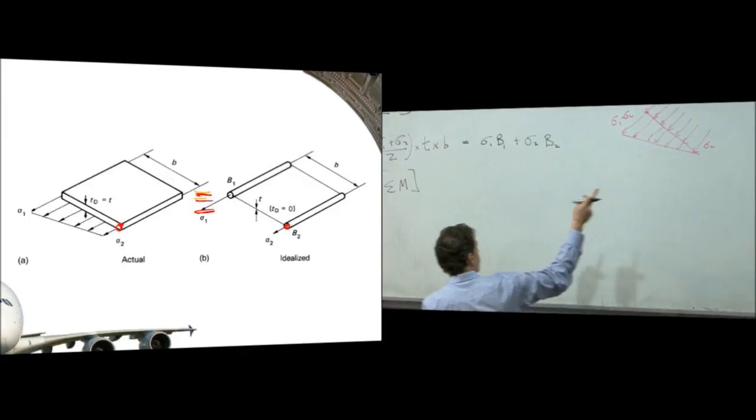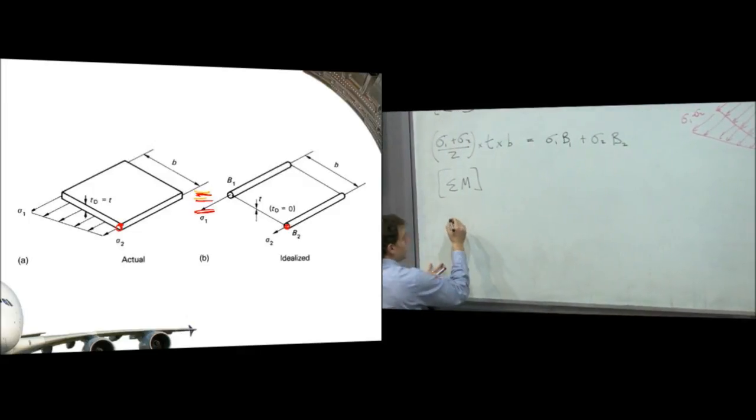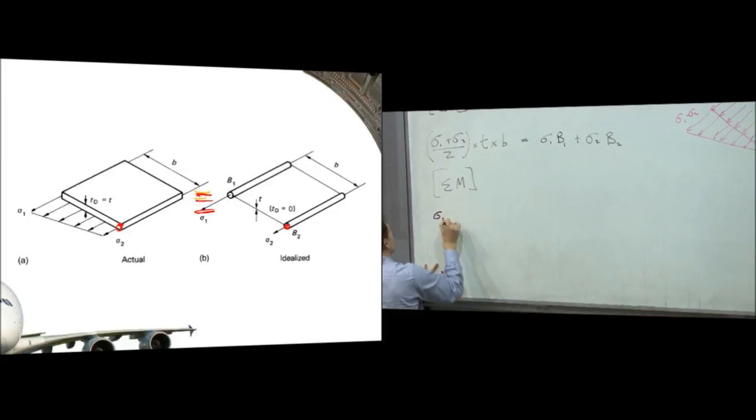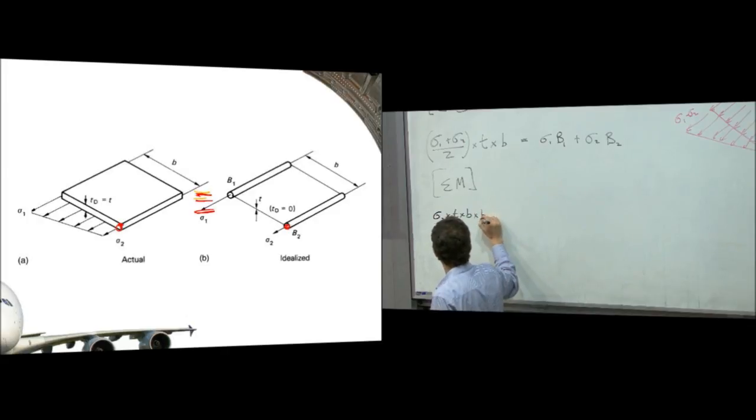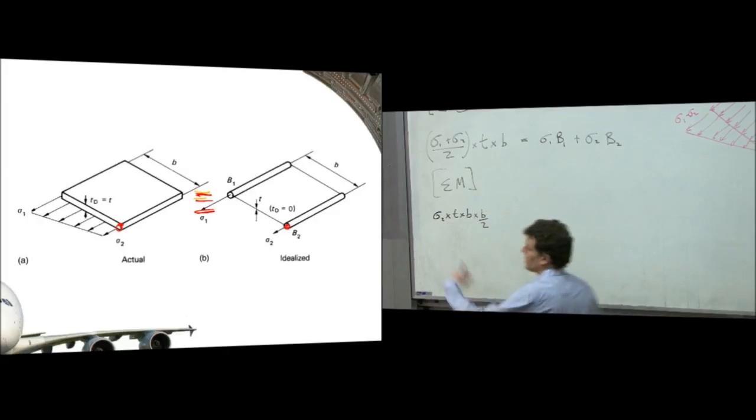So the moment from the rectangle is the force from the rectangle, which is sigma 2 times T times B. Okay, stress times area. And what's the moment arm of that rectangle? B on 2. Okay, so it's acting halfway along.